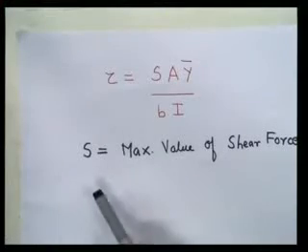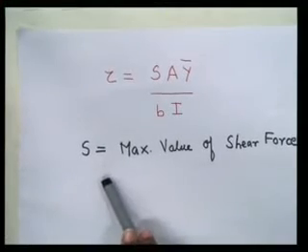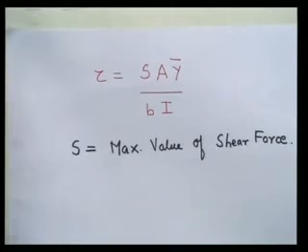Using these three equations, you get the value of RA as well as RB. Whichever value is greater, that value you have to take, and that will be the value of shear force S. So you got it, how to take the value of shear force. S is the maximum value of shear force, which we will get by calculating the support reactions.